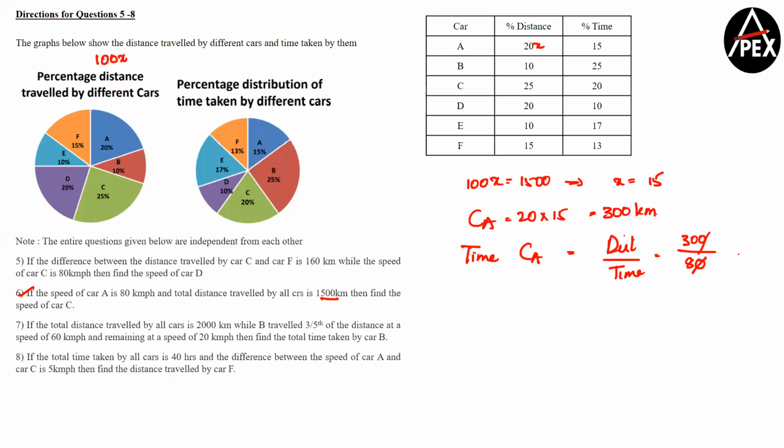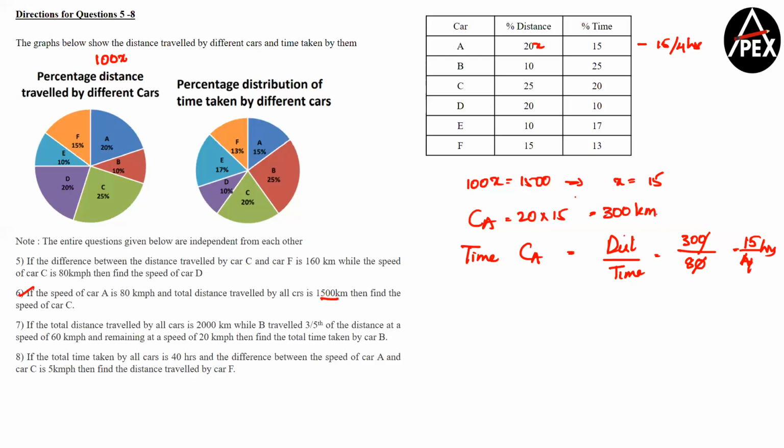Yes, so it will be 15 by 4 hours. So time taken is 15 by 4 hours.